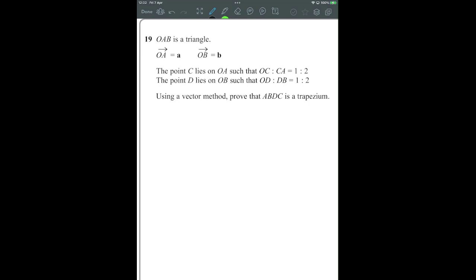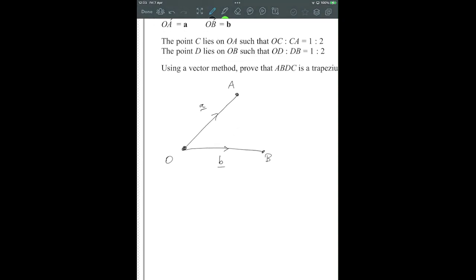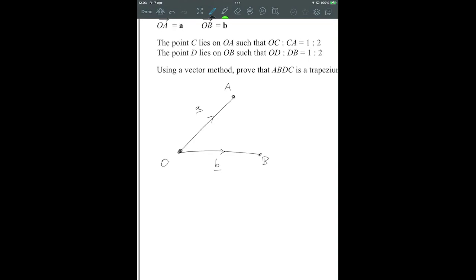We have OAB is a triangle, so let's have some origin here. OA, put A up there, let's put B down there. We have that vector there, we're calling A, that vector there, we're calling B. The point C lies on OA such that OC to CA is in the ratio of 1 to 2.